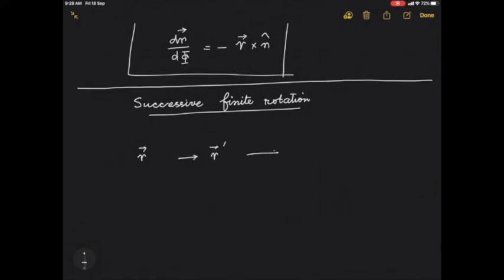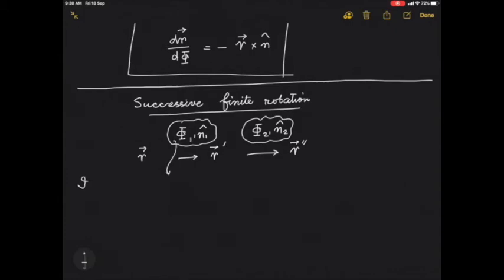So for that we look at successive finite rotations. Say I start from r, I go to r prime, and then I go to r double prime. From r to r prime I have phi 1, and here I have phi 2. So these are two rotations. Obviously you have n1 cap, n2 cap, right? So this is what is giving the rotation. Now these two combined, I am claiming that I cannot write them as a vector.